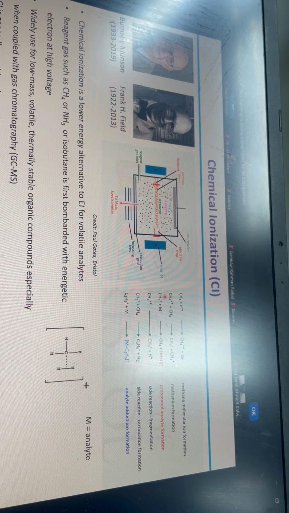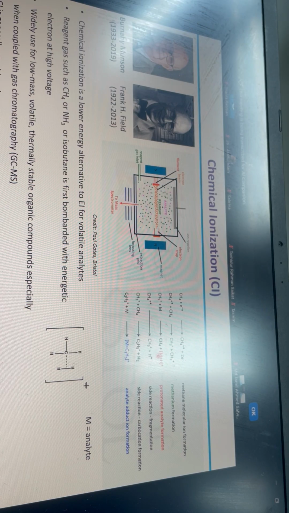Once you have this cation, it can interact with your analyte and give you a protonated analyte, meaning hydrogen is attached to your analyte. So in chemical ionization, you do not see the radical cation in the mass spec. You see the protonated analyte, meaning one hydrogen is attached.